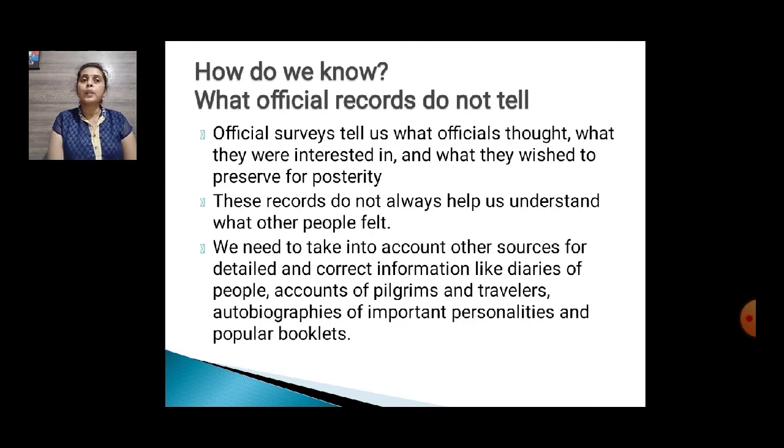We need to take into account other sources for detailed and correct information, like diaries of people, where we can get the detail as well as authentic and correct information.